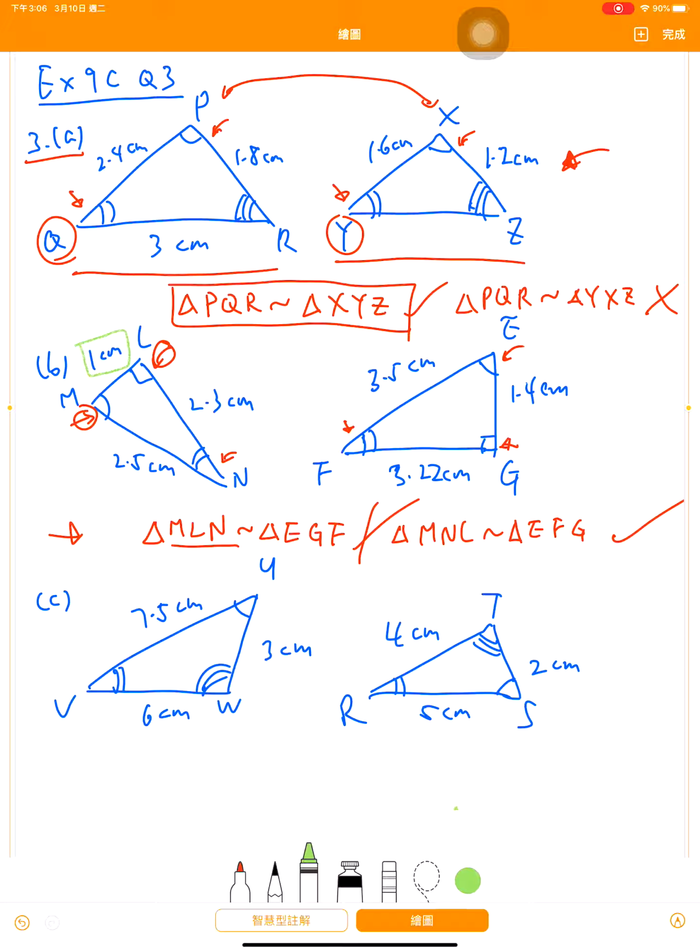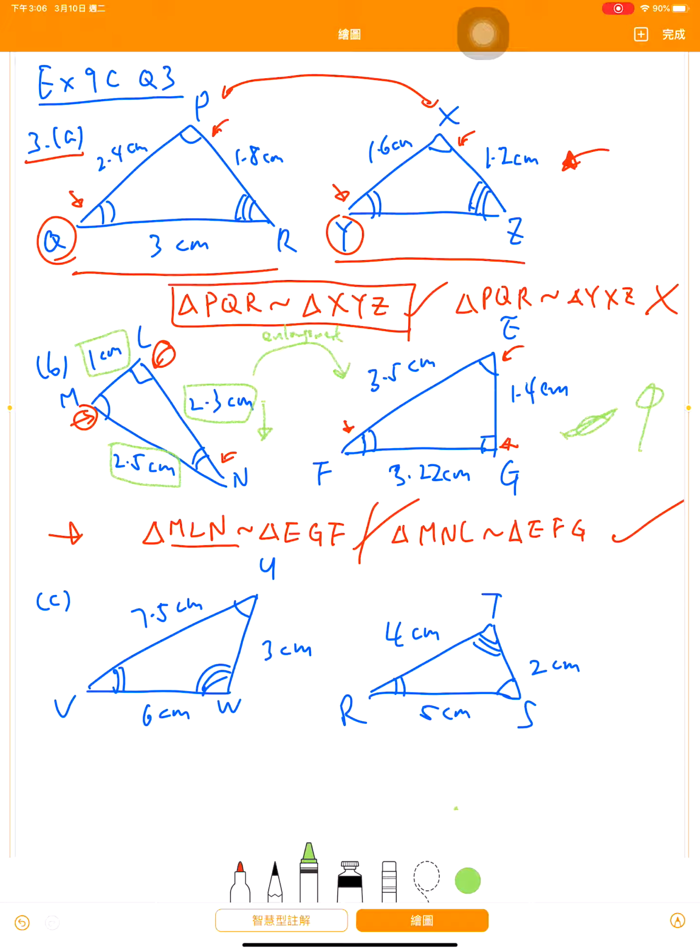For example, this time, you can see we have 3 lengths here. They are all different, right? 1 cm, 2.3 cm, and 2.5 cm. And we know that for this triangle to this triangle, we are doing enlargement, right? That means this one is bigger, this one is smaller triangle, right?